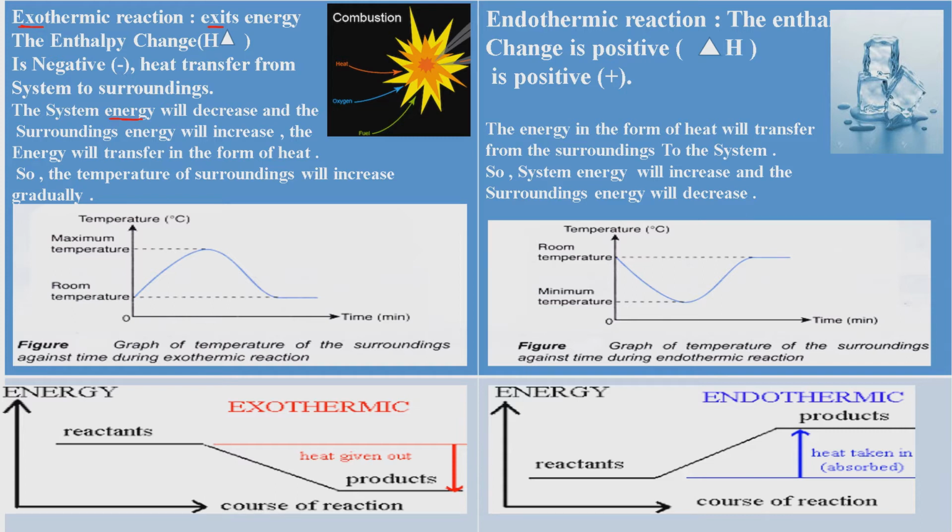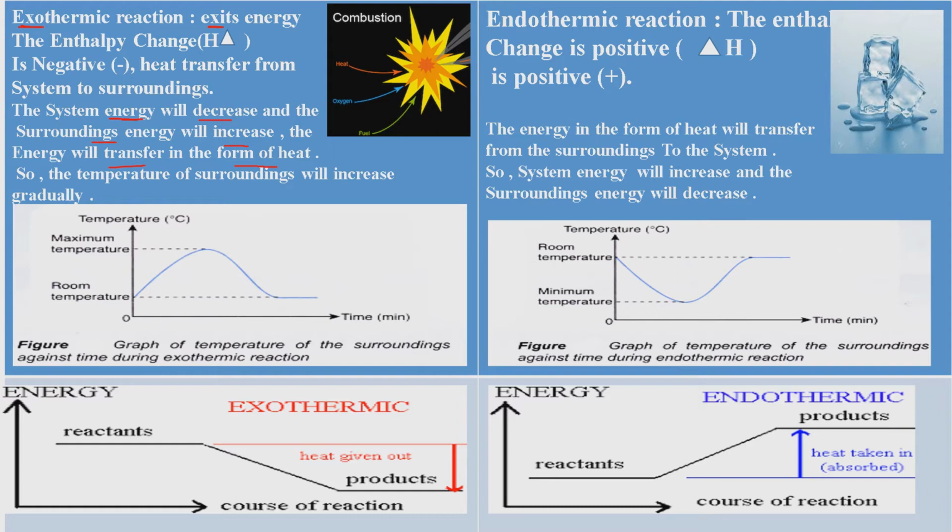So the system energy will decrease and the surroundings' energy will increase. As the energy transfers from our system to the surroundings in the form of heat, the temperature of the surroundings, of course, will increase.